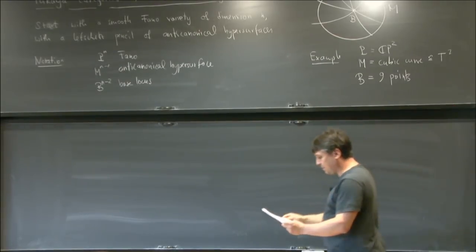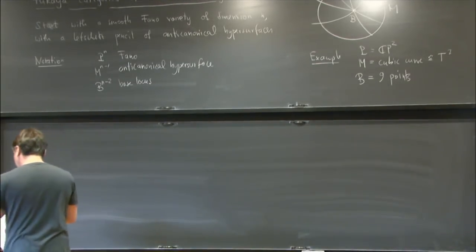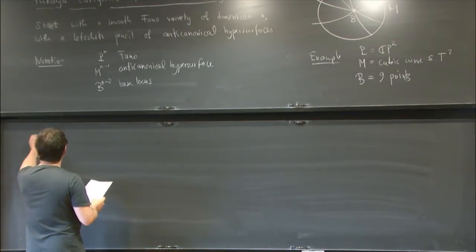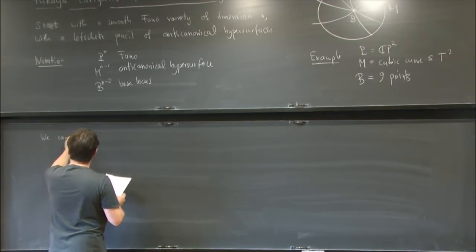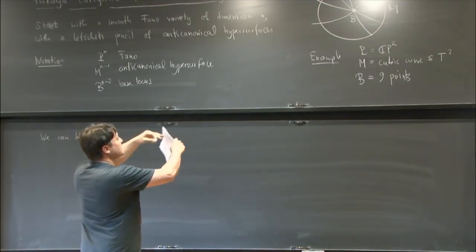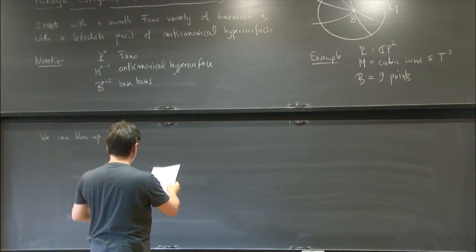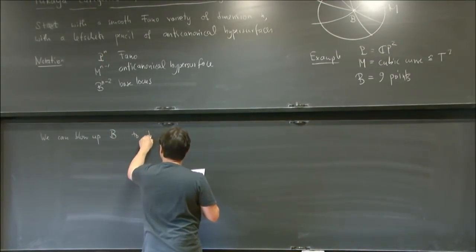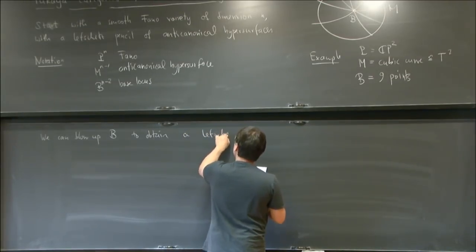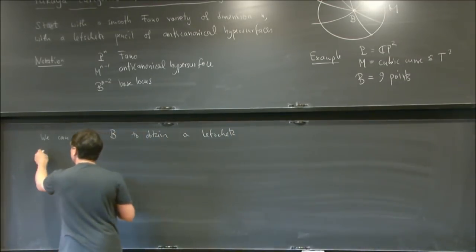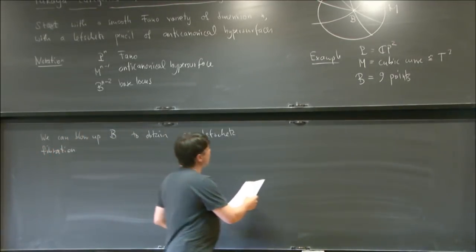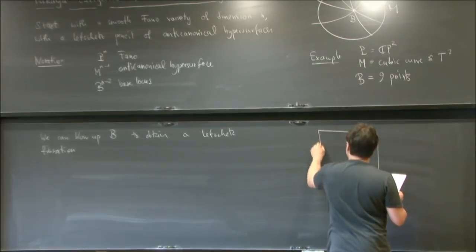All right, there's a couple of auxiliary geometric objects that I should introduce. We can blow up B. That separates all the different hypersurfaces to obtain a Lefschetz fibration. So you blow this up, and now it looks like this.